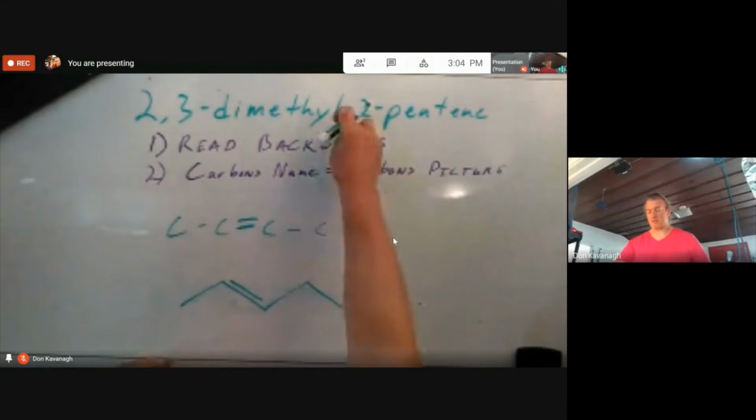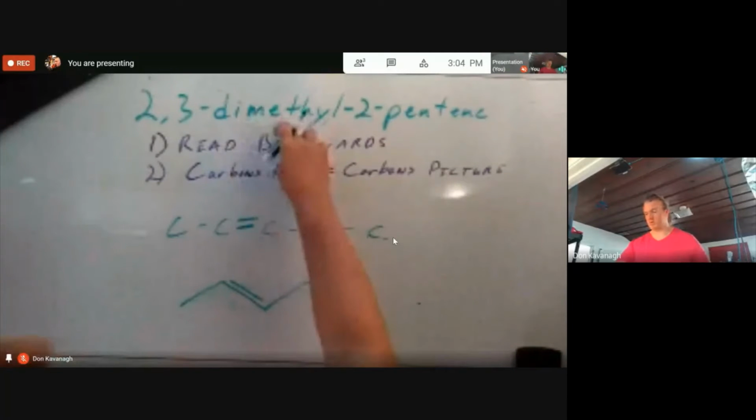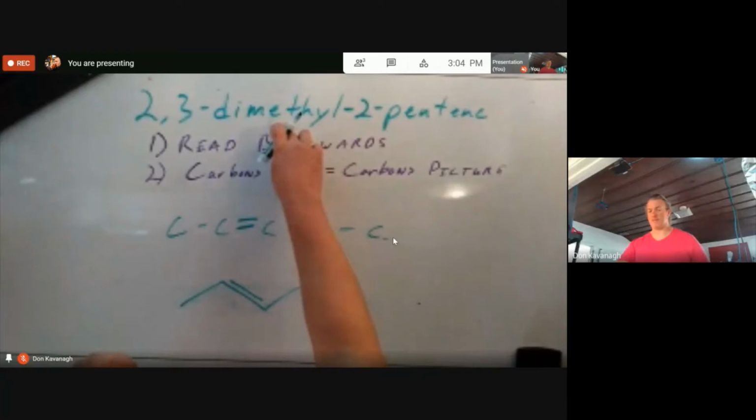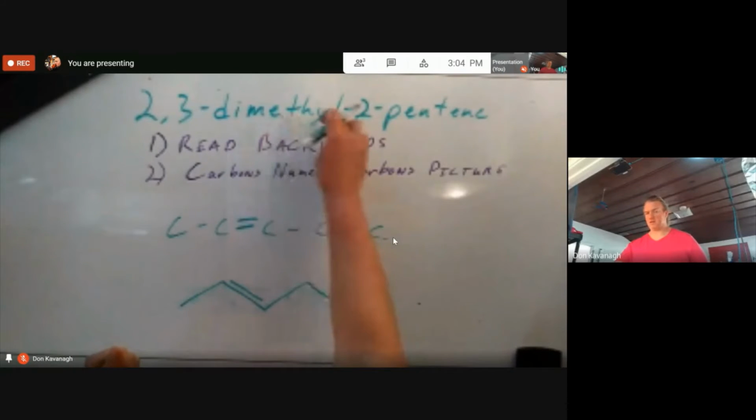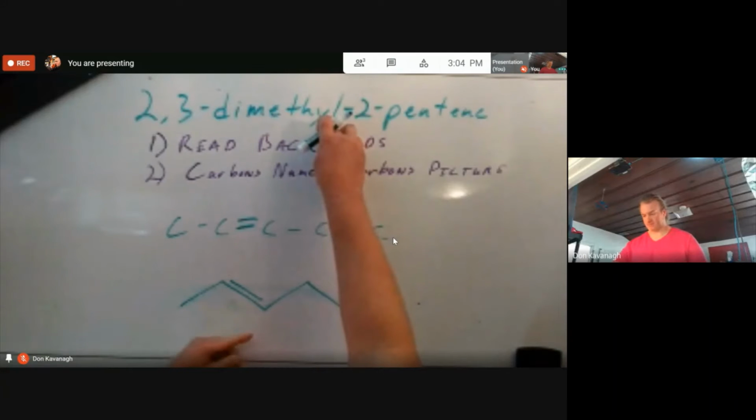Dimethyl. That means there are going to be 2 methyl groups, and the meth tells us how many carbons, and the yl tells us that it's a substituent or an ornament to our parent carbon chain.